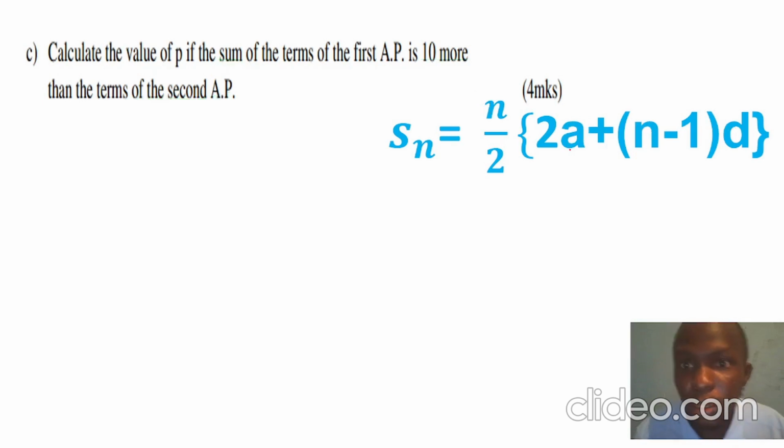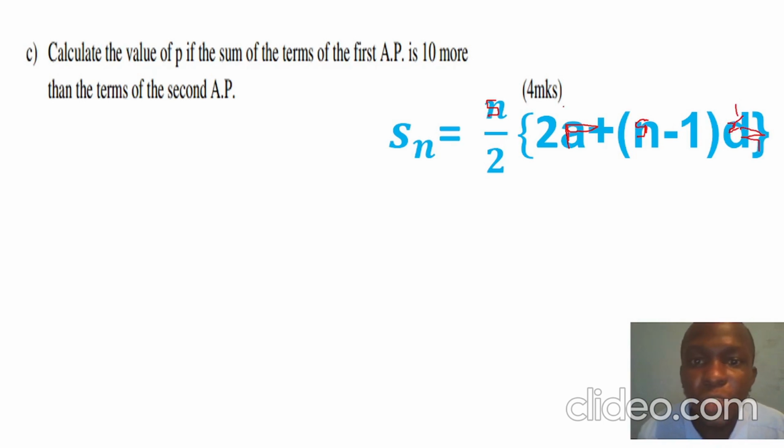What about the second? The second one, we are going to substitute 5 here with the N. Substitute P here. P will be common. 5 here. Then substitute with the 2.5, because the common difference is 2.5 for the second.